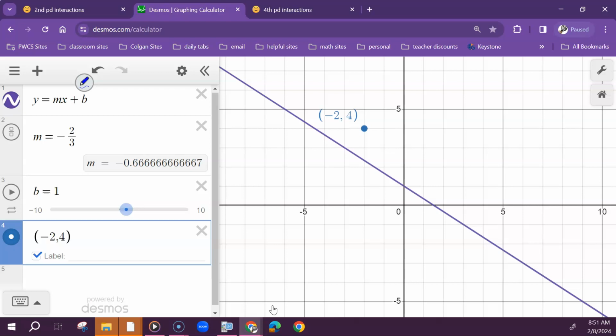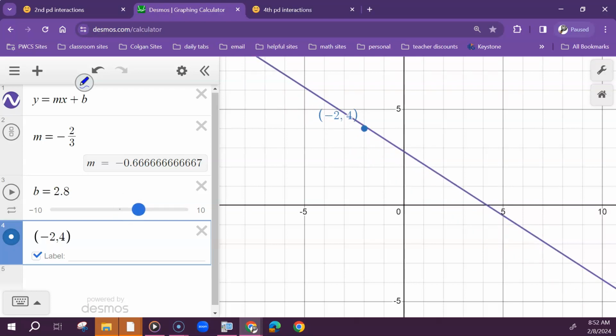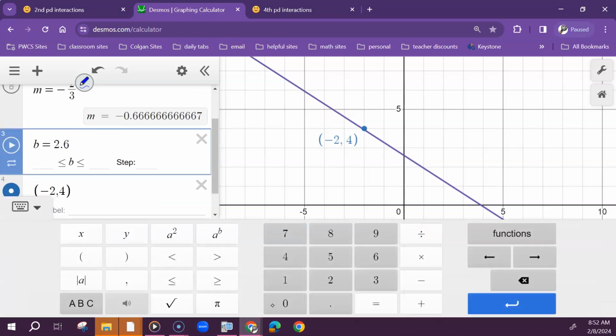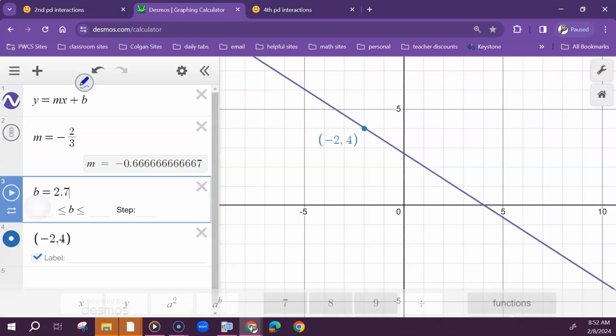And then you can move your b until it goes through that point by either hitting play or moving this. But as we could see on the graph, it was going to be a decimal regardless. Questions on that one?